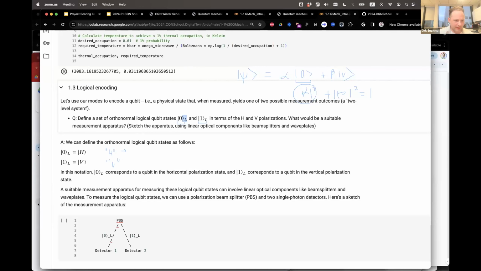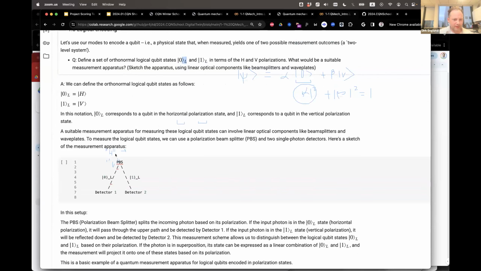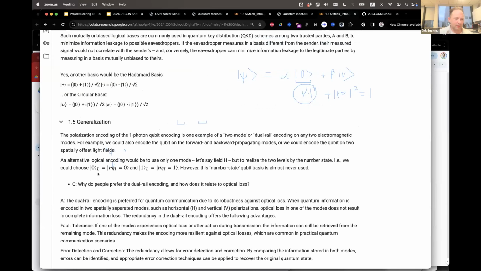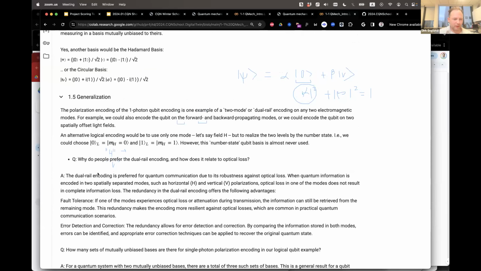Okay, so then the way that you could measure what the amplitudes are is, for example, you could put the optical field through a polarizing beam splitter, and with the photodetector, measure the photocurrent, and that photocurrent is proportional to alpha squared for one detector and beta squared for the other. So that's how you could measure the state of the qubits of a set of copies of the state.